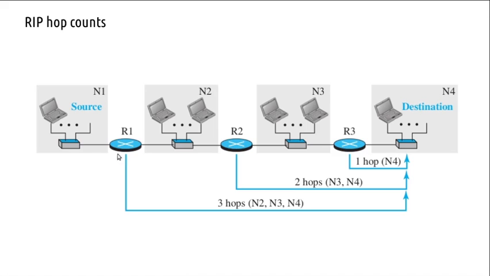So hop counts, here the hop count is considered from the source network to the router, the source router. This connection is not considered as a hop. You assume that it is without any cost.